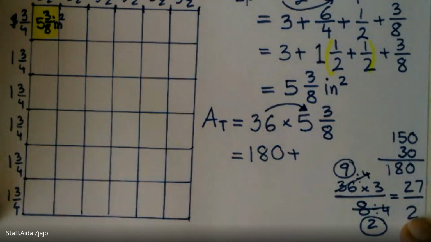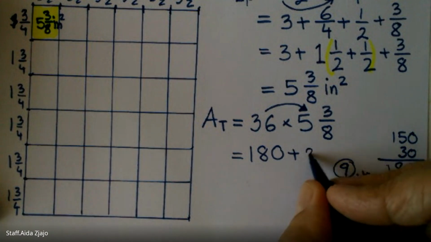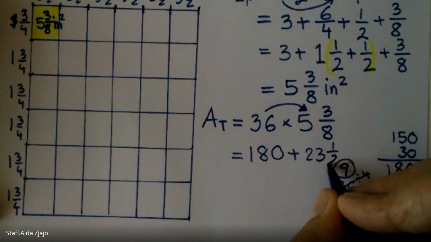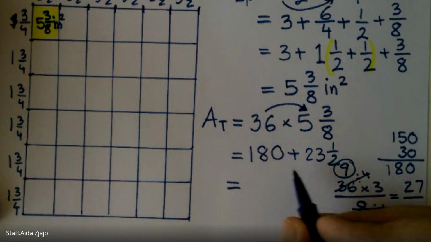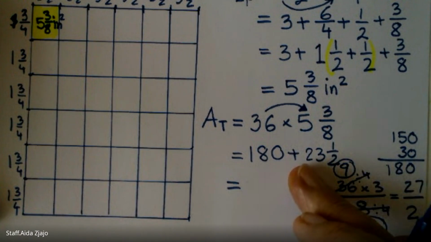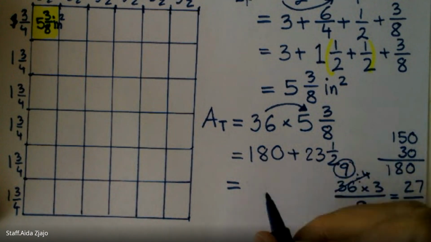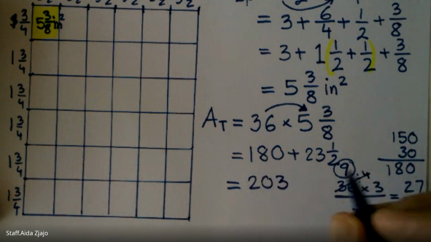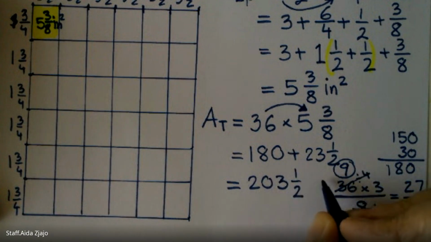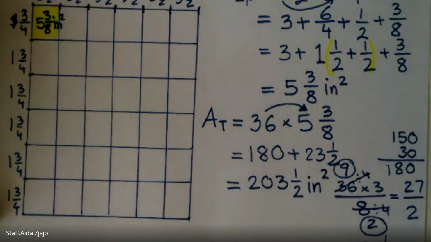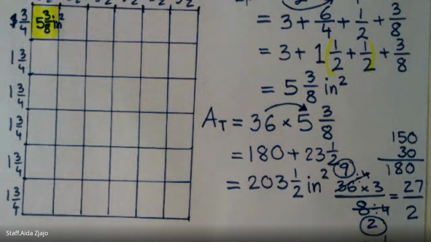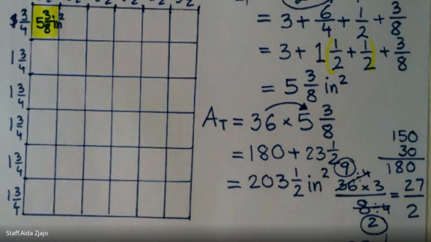What is half of 27? Half of 26 is 13, and half of 1 is a half, so that would be 13 and 1/2. So together, 180 and 23, it's 203. 203 and a half square inches. That's one way of doing it.